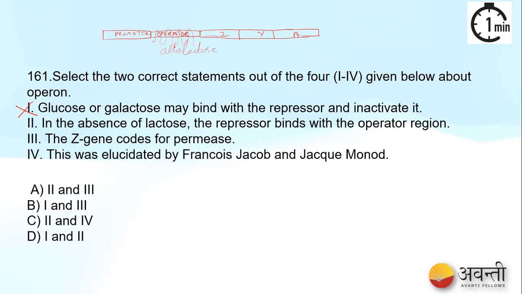Allolactose comes and binds to the repressor and makes the repressor no more recognize this operator region. So the repressor will leave the operator region free so that the gene can function. It's not glucose and galactose, so it is wrong.